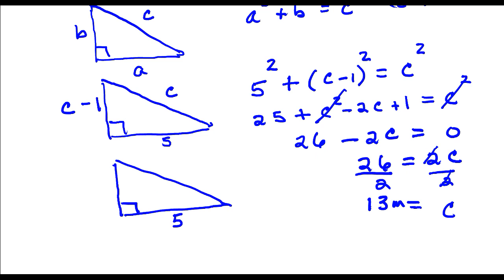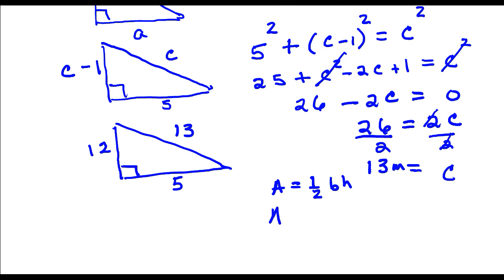This leg was 5. The hypotenuse is 13. This leg here was the hypotenuse minus 1 meter, so it's 12. Then we have one more thing to do, and that is to find the area of this right triangle. The formula for the area is 1/2 the base times the height.